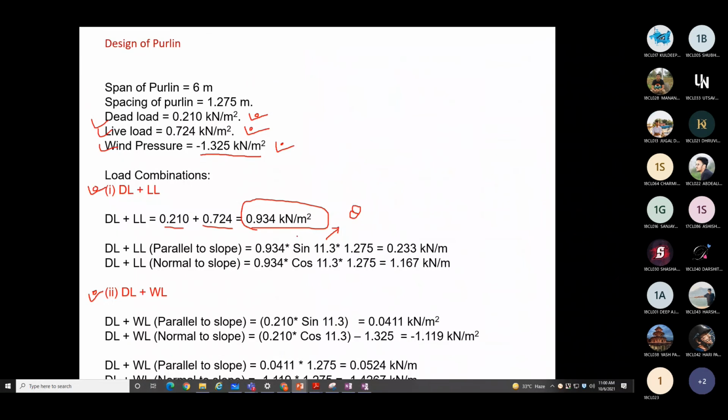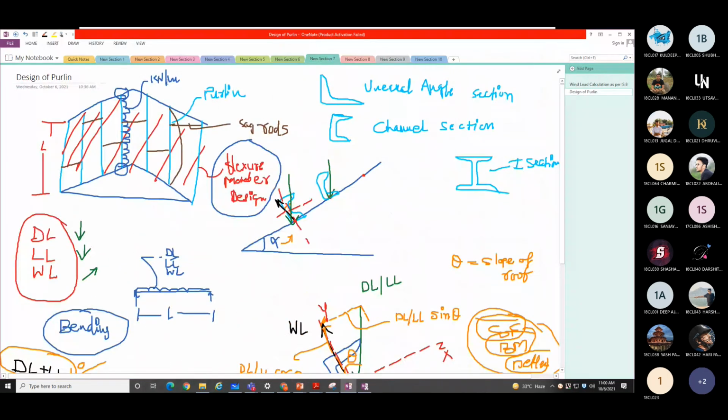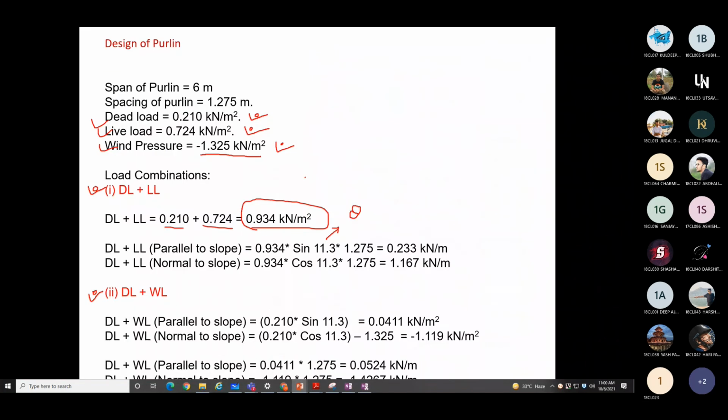Now we require the forces in terms of UDL. This dead load and live load is applied throughout the length, so you need to multiply by the spacing of the purlin.